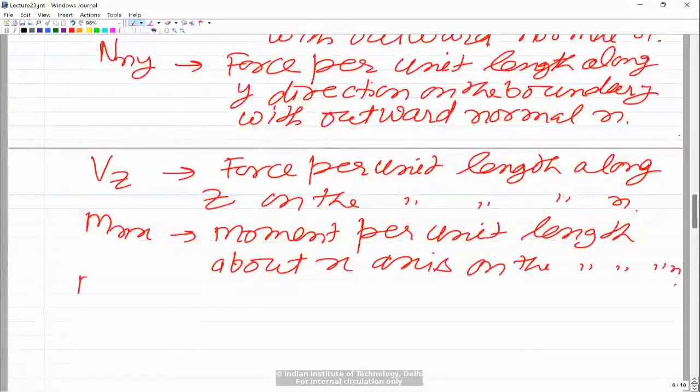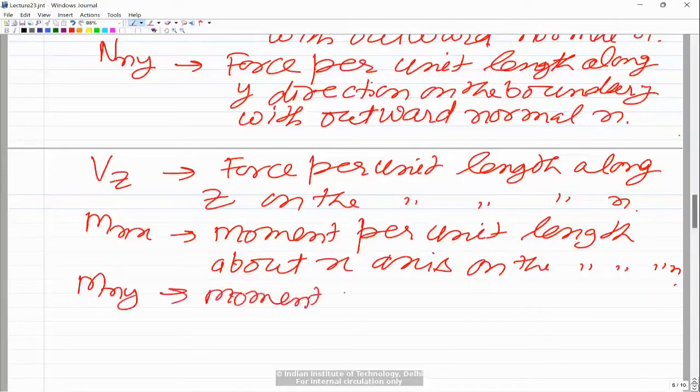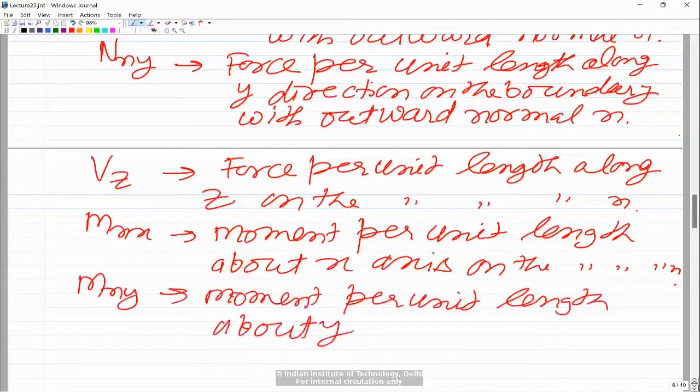And similarly mny is moment per unit length about the y axis, again on the boundary with outward normal n. So these are the boundary forces and their potential which is included there.